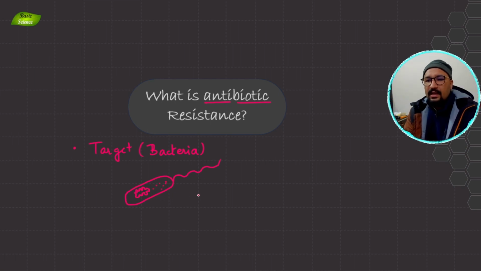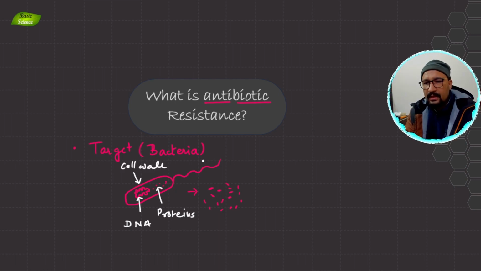And based on that, it can divide and make multiple different organisms and grow in that manner. But what antimicrobial agents do is they target multiple components. They can target DNA, they can target the proteins, right? And then the cell wall, I guess, of the bacteria.